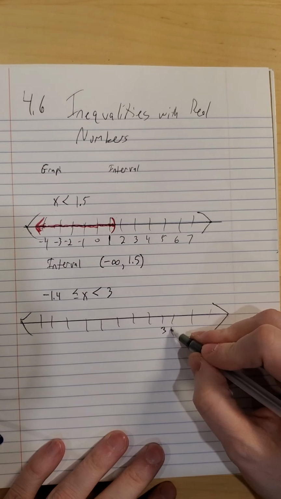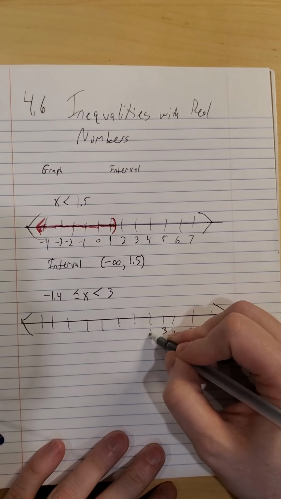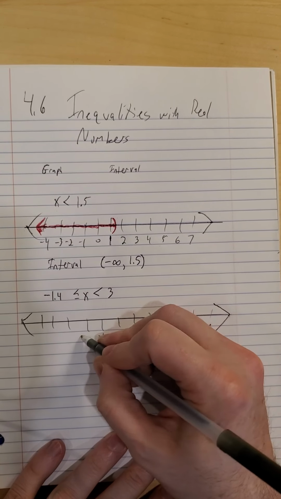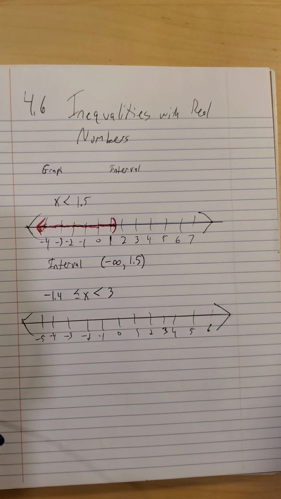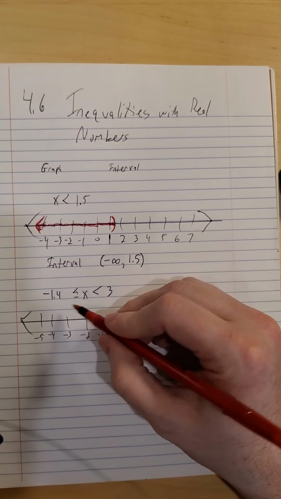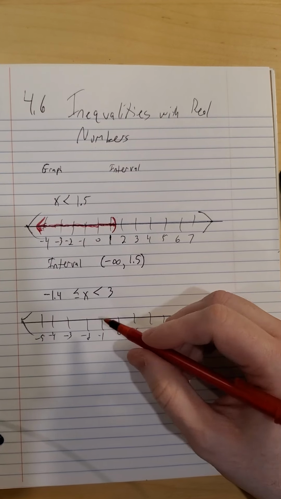So I'll put 3 about here. So we want our x's to be between these two values.